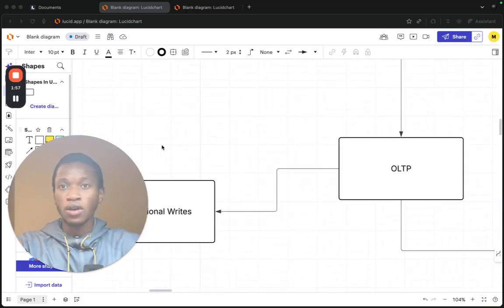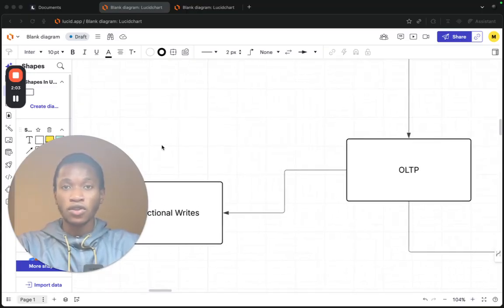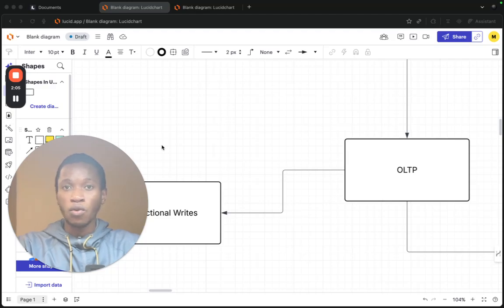And so real-time information is like your cash register, right? When a customer walks into a store right now, the cashier needs to know how much inventory do we have in stock right now, what's the price right now, is this customer in our system right now. And so this information changes instantly every second.